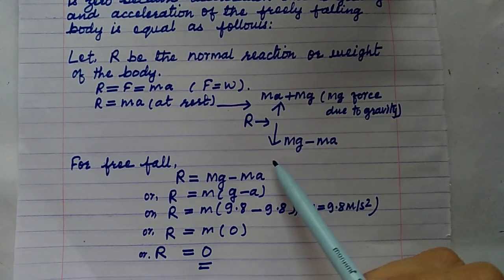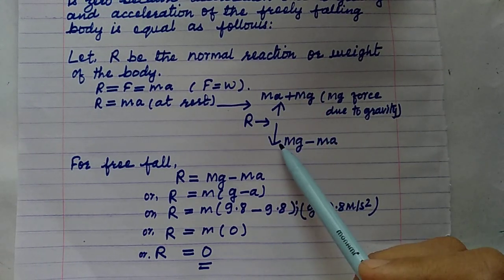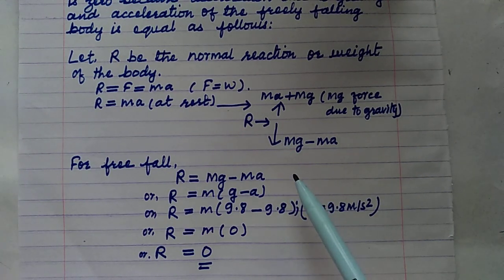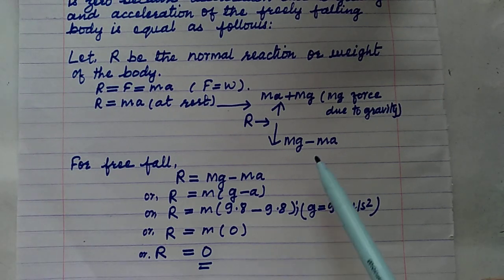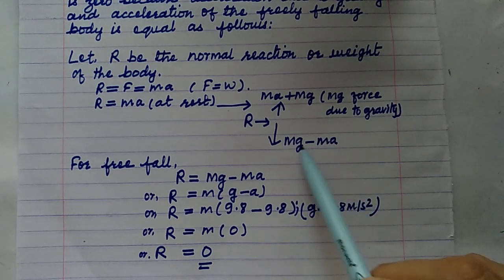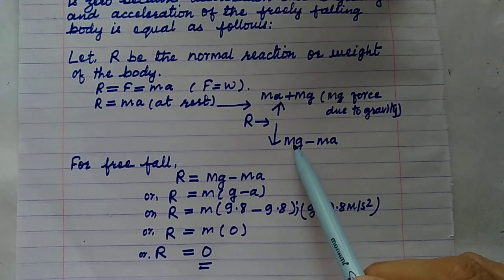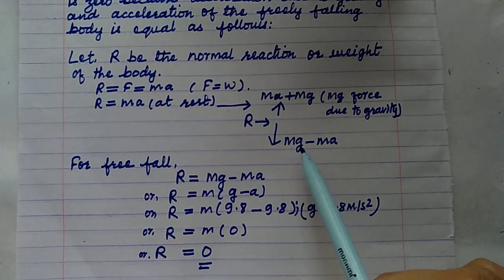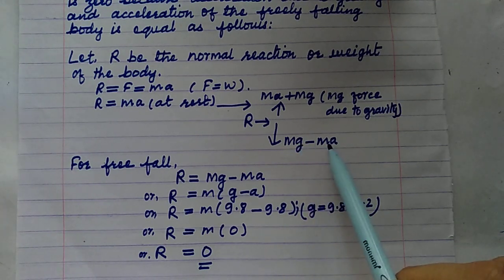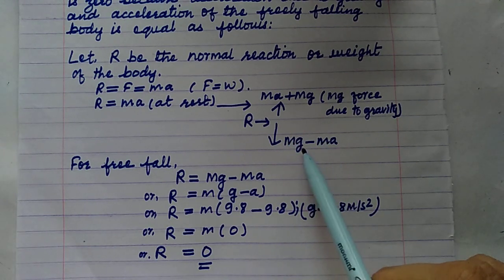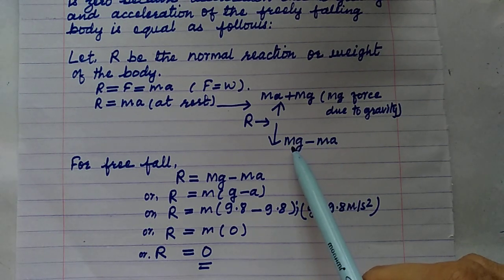But when the body is moving downward, in case of free fall condition, the force of gravity will be stronger. It is greater than the force due to the weight of the body, right? That is why it is greater. So force due to gravity and force due to weight of the body will be moving downward, but in this case force due to gravity will be bigger.